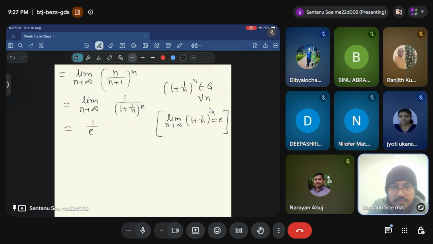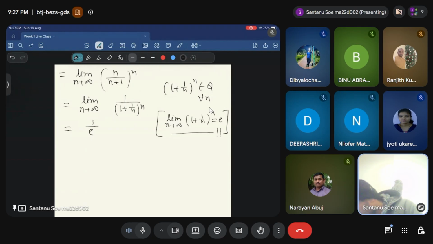Okay, so please try to see, there is a proof for that also, why this limit is e. This is also given in the book of Sk Mapa. This is what I personally recommend, or you can see any other books, or you can try to find it on the internet as well.